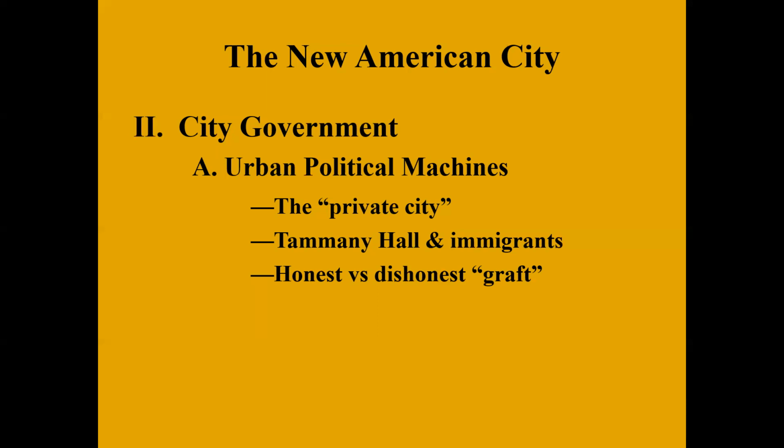Graft meaning the kickbacks you get for being an insider, as he was, as opposed to what he called dishonest graft. What's dishonest graft? Well, honest graft is where I get bribes, but I also do what the public wants. Dishonest graft is where you're not doing anything for the public good, you're just taking money. That's the distinction there.